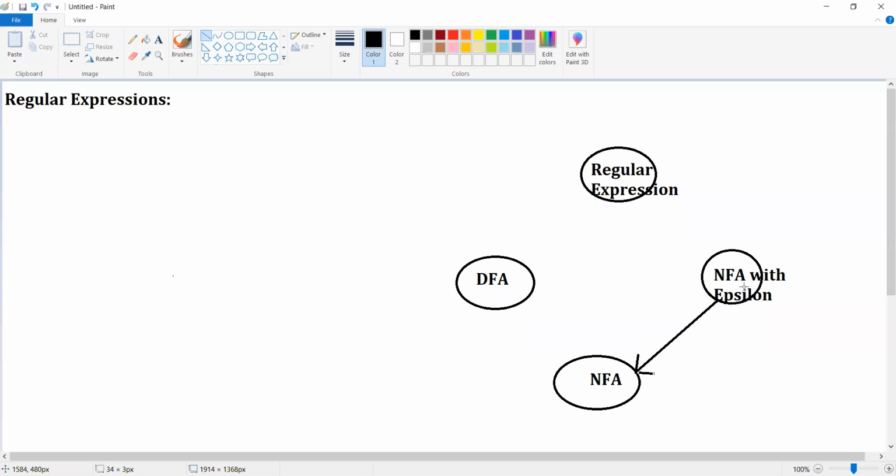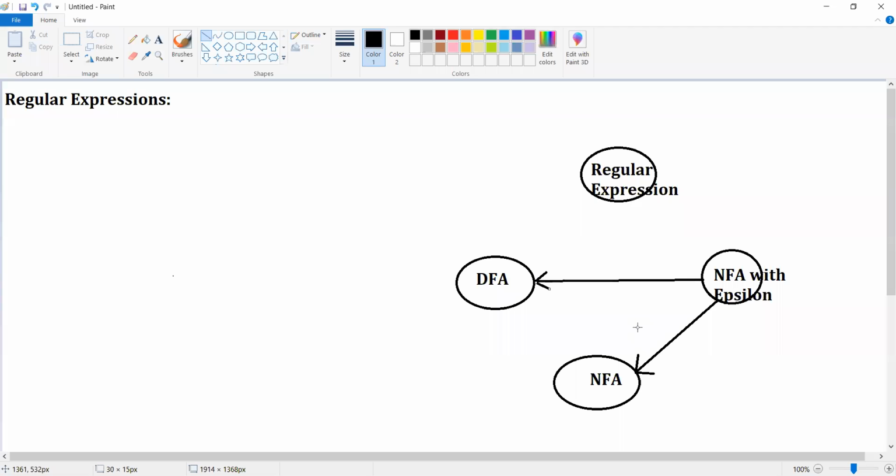Once we have an NFA epsilon automata, we can convert it into DFA also. We have discussed both ways, so we have seen how to convert the given NFA epsilon into either NFA or DFA.